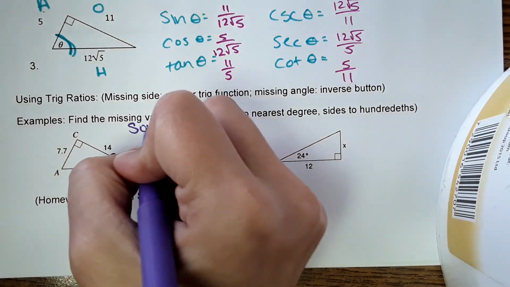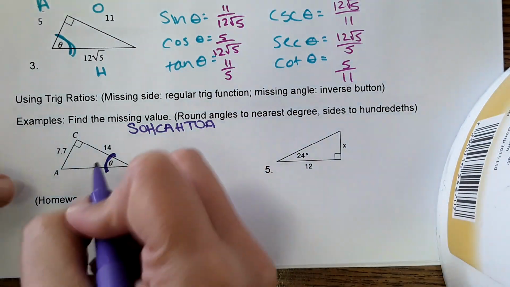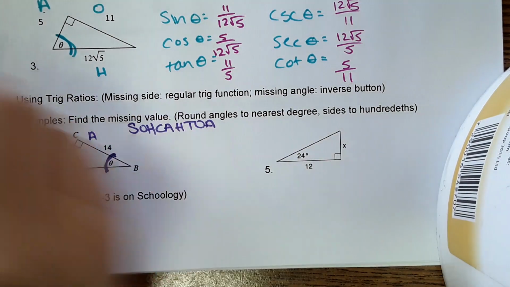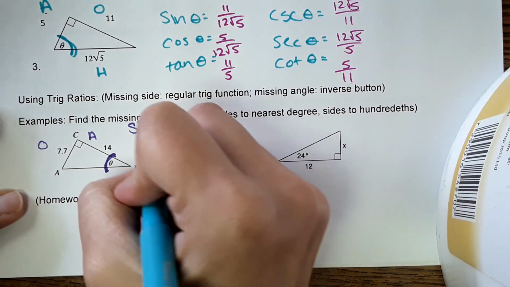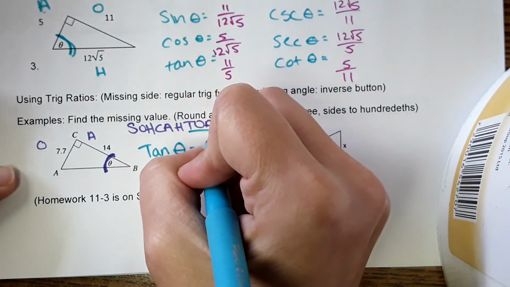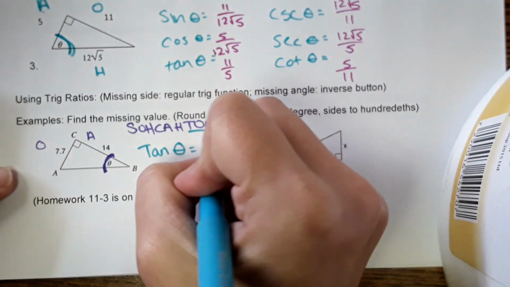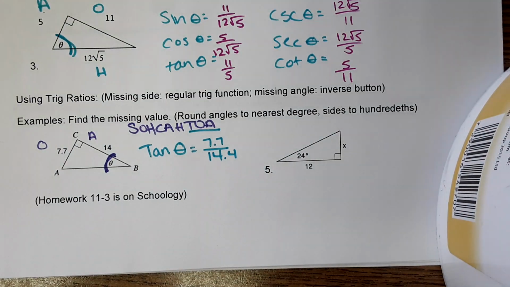We're going to use SOHCAHTOA. And then we have opposite and adjacent. So with opposite and adjacent, we're going to use tan. So tan of theta is 7.7 over 14.4. Oh, 14.